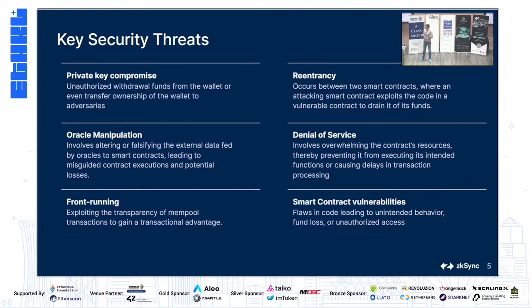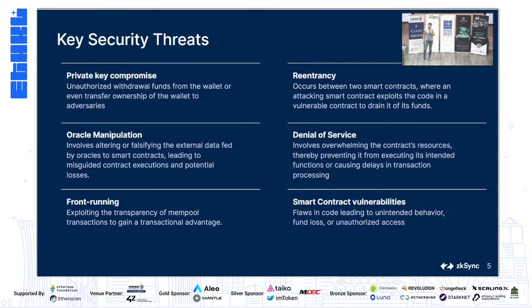Oracle manipulation. So smart contracts are always fed with external data, and this data is provided by the Oracle. So if somebody can manipulate this data, he can manipulate the contract itself, and this contract might behave in any unintentional way.